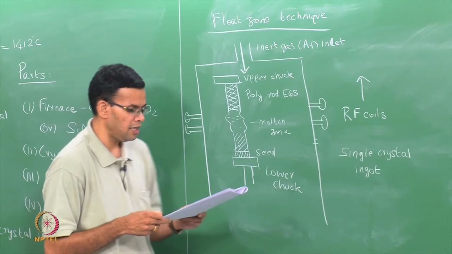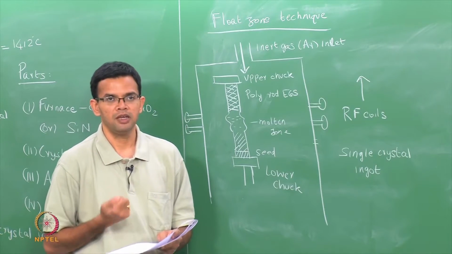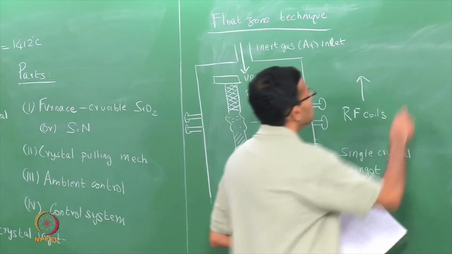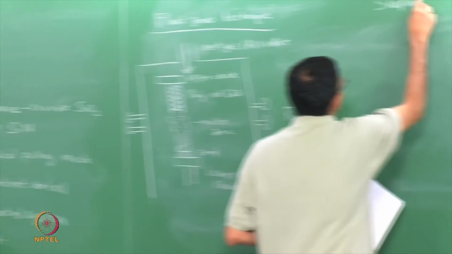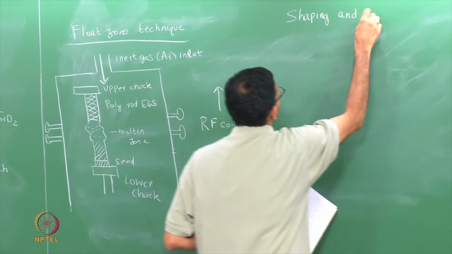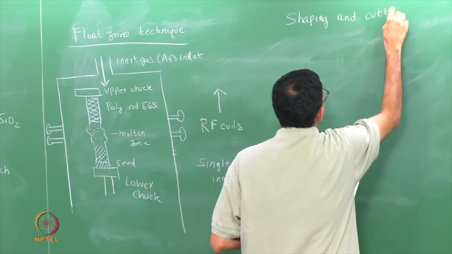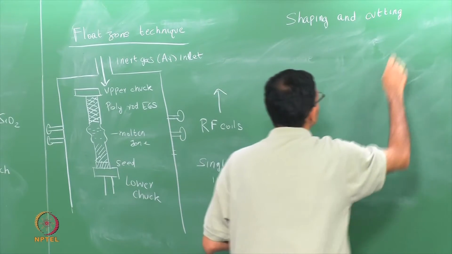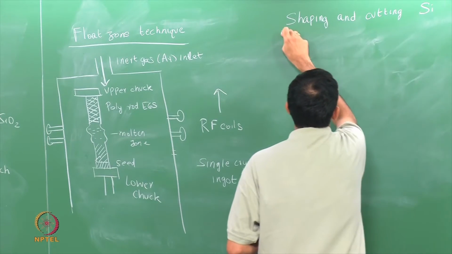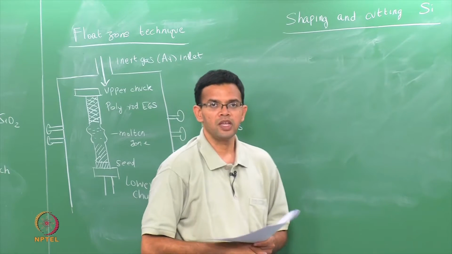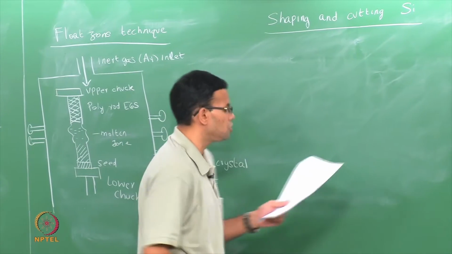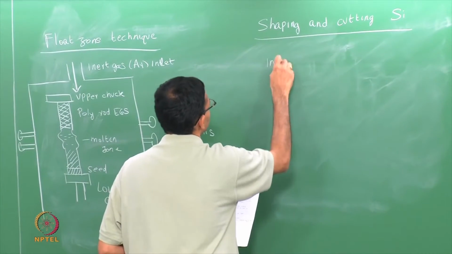So, we typically need to go for some shaping and cutting operations. Usually industrial grade diamond is used for this process.